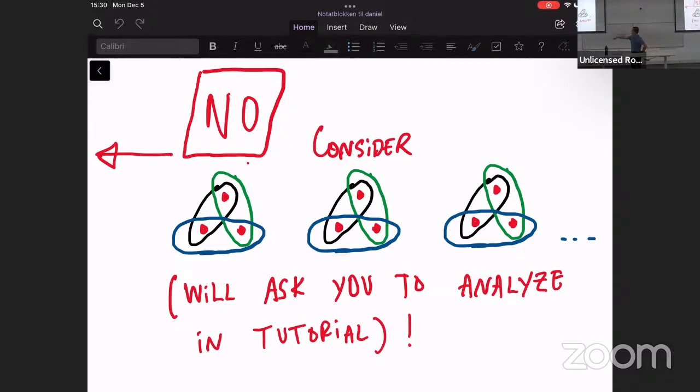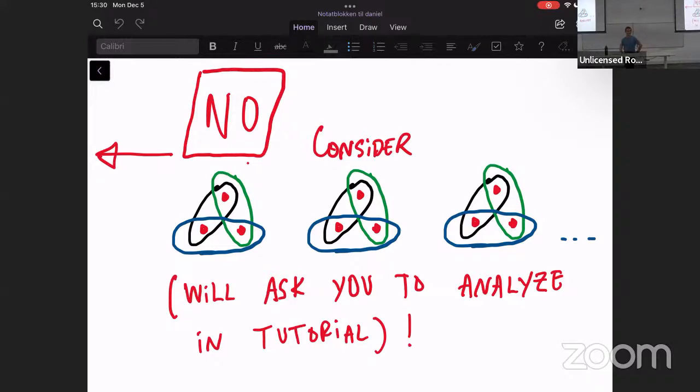Every set is picked with probability 0.5, and if you have many of these little triangles sitting next to each other, what's the probability that all of the elements get covered? I claim that probability is actually exponentially low, but I'm going to let you prove that.